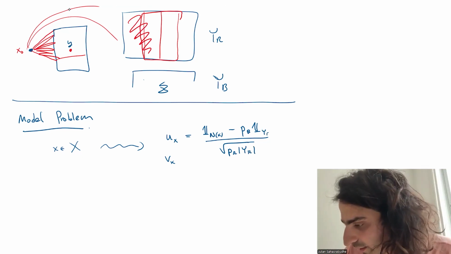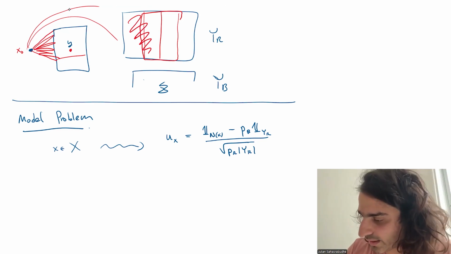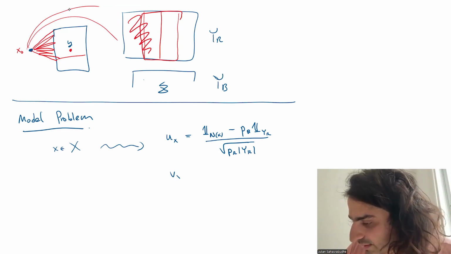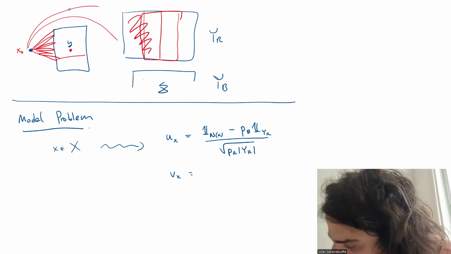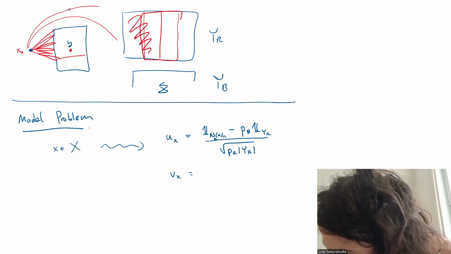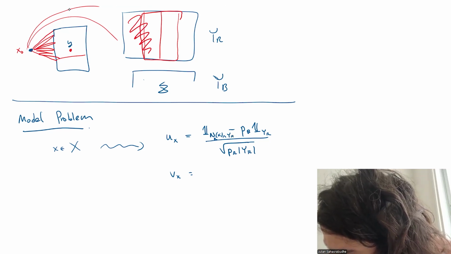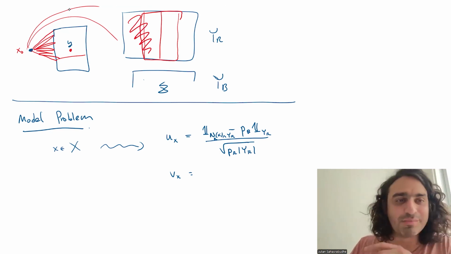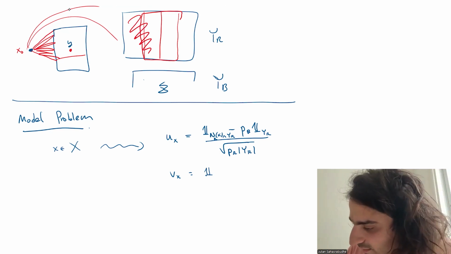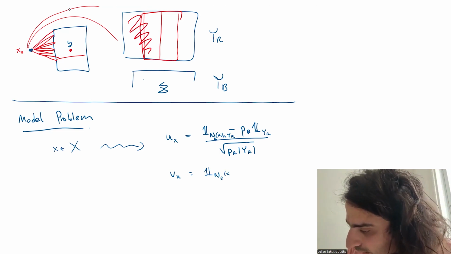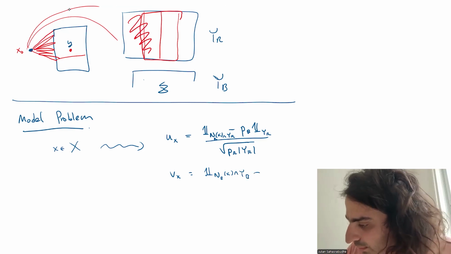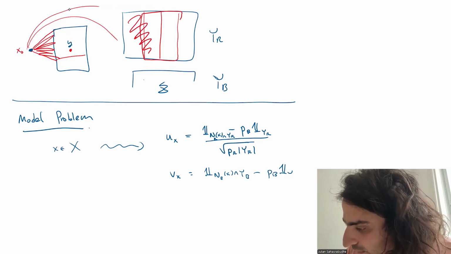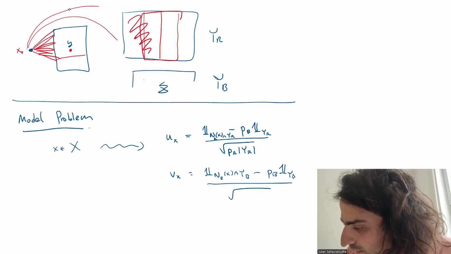I could write this as the indicator of the red right-hand side. Similarly, v sub x is going to be the same, but now with the blue neighborhood of x intersected with Y blue.